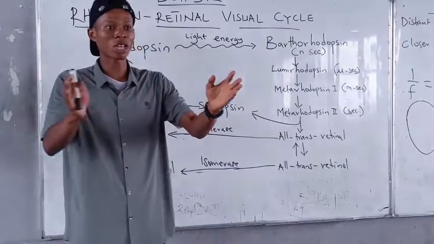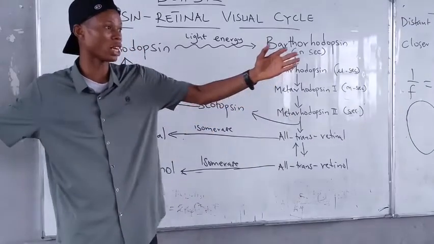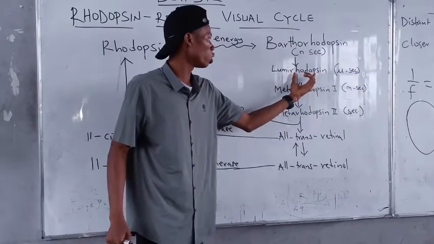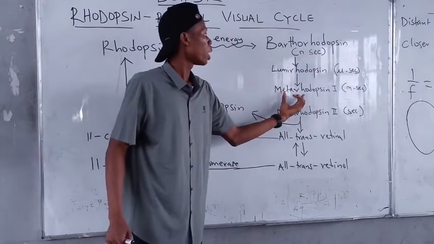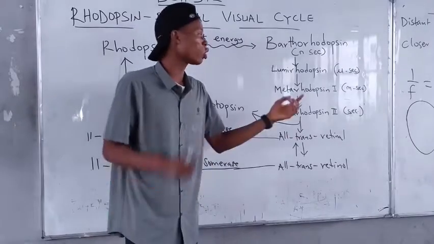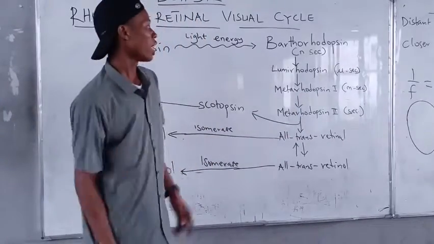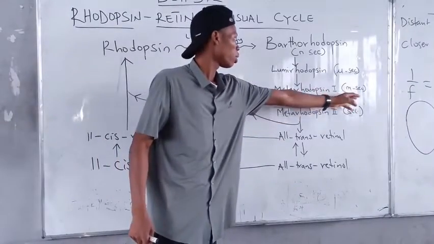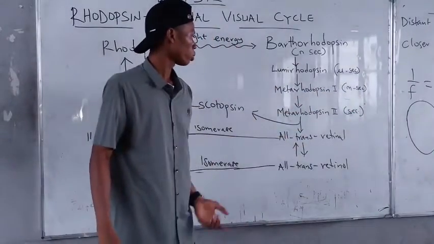The all-trans retinal is gradually separating from the opsin. In microseconds, lumirhodopsin is converted to metarhodopsin 1.